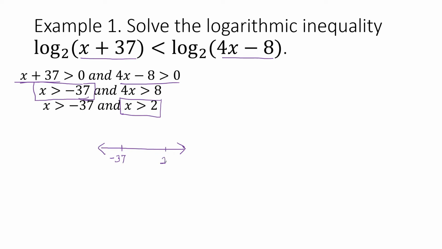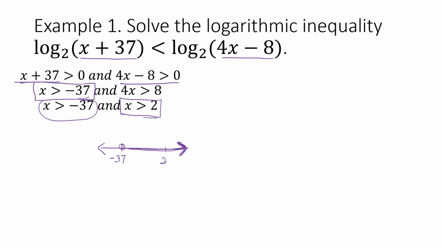Since x is greater than negative 37, that means it cannot be exactly negative 37, so we place here an open circle. Then all numbers which are greater than negative 37 are the numbers to its right, so we shade this part as well as the arrow to denote that even if the number line extends, that will be part of the solution.